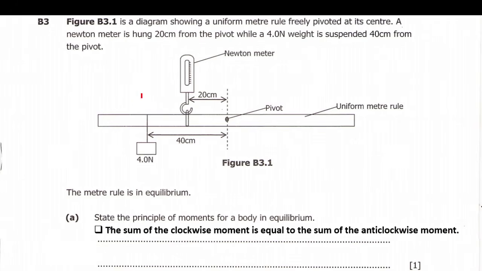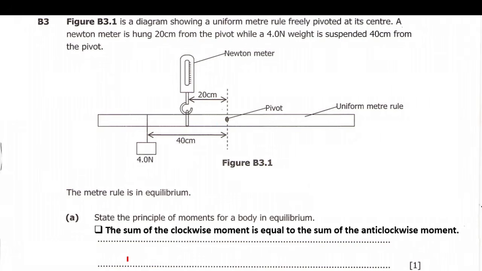So for a body in equilibrium like this, clockwise is going this way, so when you add all the moments taking it this way, plus the moments that take it the other way, they are equal for any body which is in equilibrium.